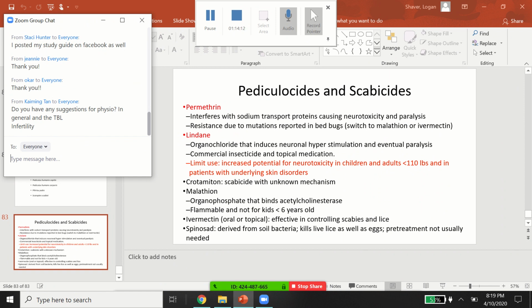So the pathways are super important for endo. Also important is being able to differentiate whether it's a primary or a secondary condition. Like Cushing's disease, for instance.